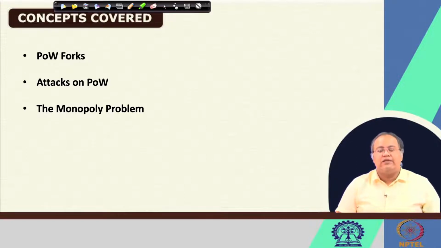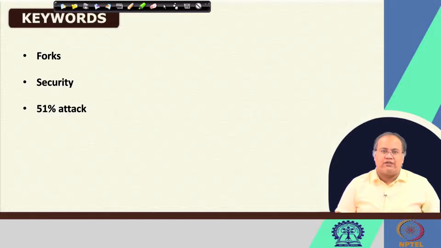In this context we are going to discuss a terminology called fork. We are going to look into what a fork is and how a fork impacts the structure of a proof of work blockchain, and then we are going to see the different attacks which are possible on proof of work, and one interesting problem of this proof of work idea, that is called the monopoly problem. So, these are the keywords: fork, security, and 51% attack that we are going to discuss today.